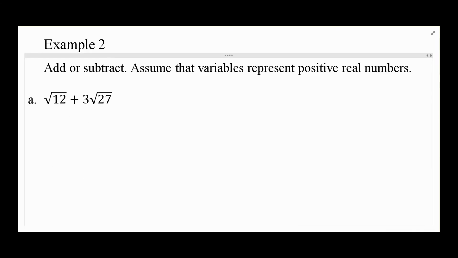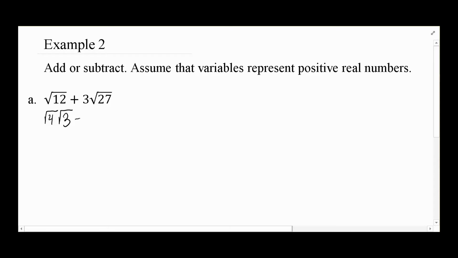All right, so let's do a couple more examples to make sure that we're comfortable with adding and subtracting these radicals. So our next example here, we have the square root of 12 plus 3 square roots of 27. So I'm going to break up the square root of 12 as the square root of 4 and the square root of 3. Now the cool thing about these problems with adding and subtracting radicals is that we get ourselves some hints on the simplifying aspect of things.